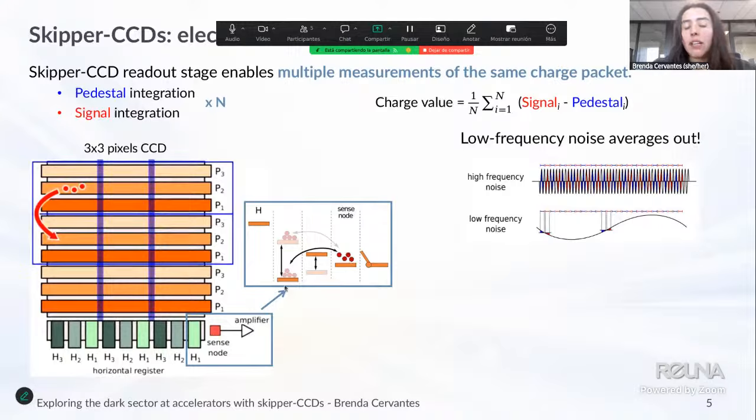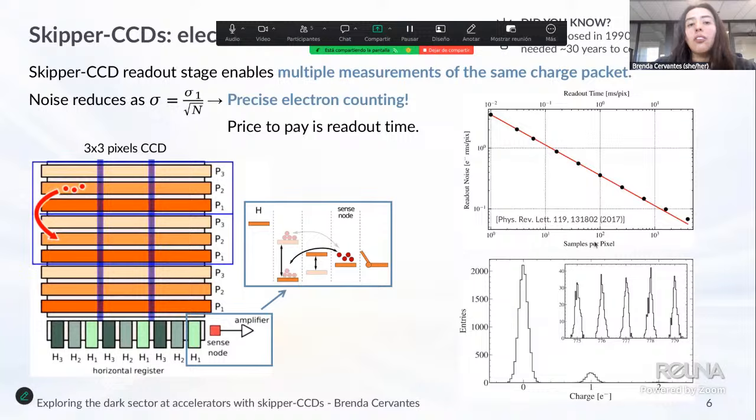Therefore, we can make multiple independent measurements with the correlated double sampling technique, and when we finish, we average all those independent measurements. With this technique, we can beat the low frequency noise because we are averaging many small repetitive measurements of the pedestal and the signal, and in some cases they will cancel out, as highlighted here.